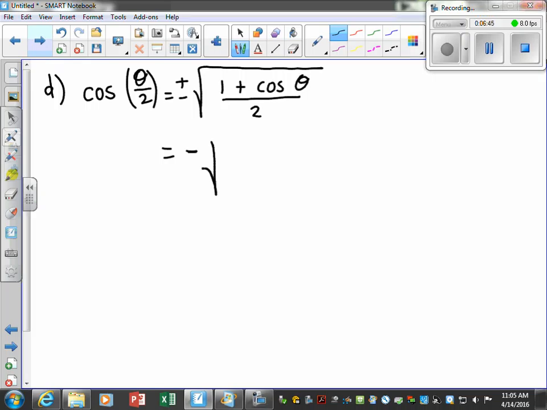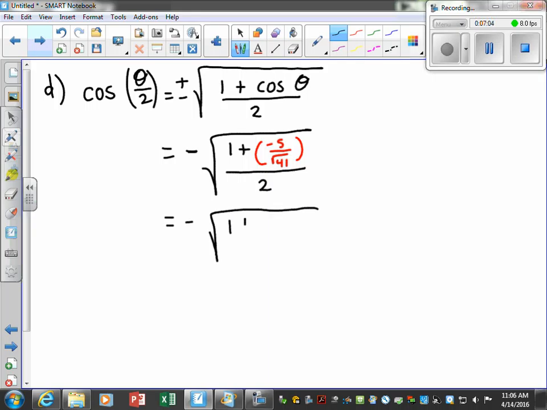Alright, now here we go. Let's start plugging things in. So we're going to have 1 plus, what did we say the cosine of theta was from previous? Negative 5 over the square root of 41. And that's still divided by 2. One plus, oh, we're ready to start getting a common denominator next, right?